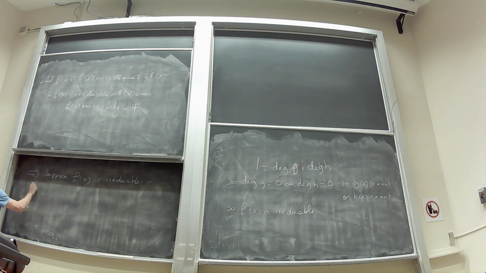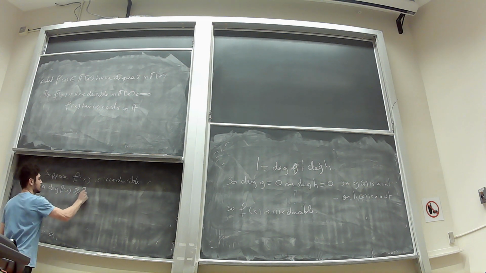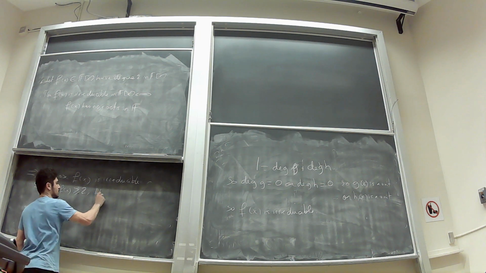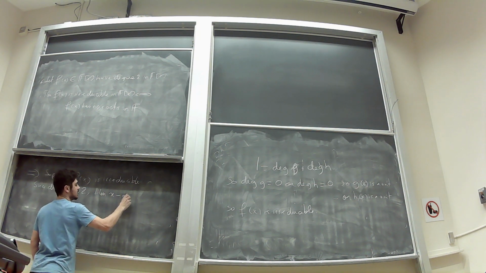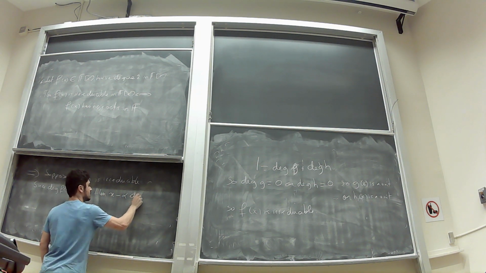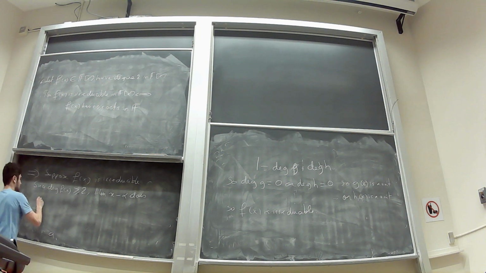Suppose f of x is irreducible. I mean, this holds true for any polynomial of degree greater or equal to 2. Since the degree of f of x is bigger or equal to 2, then x minus alpha does not divide f of x, right?